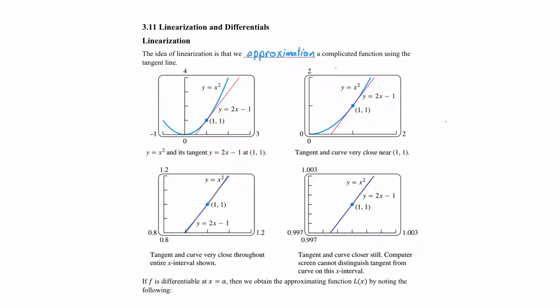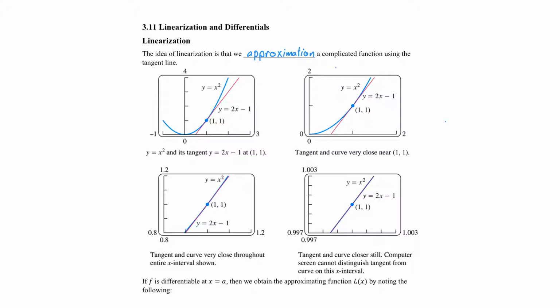So you can see right here, for y equals x squared, we can find the tangent line y equals 2x minus 1 at the point (1, 1). Of course, if we zoomed in, you can see in the second window, it's a little bit harder to tell that this is a parabola because we've lost some information. And then in the bottom two windows, look what's happening.